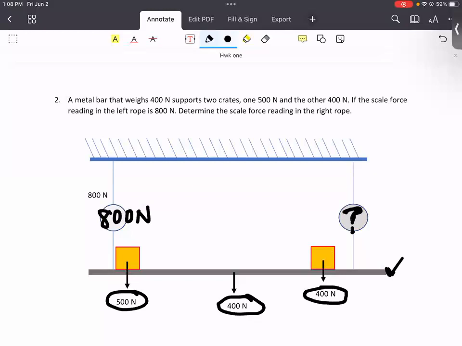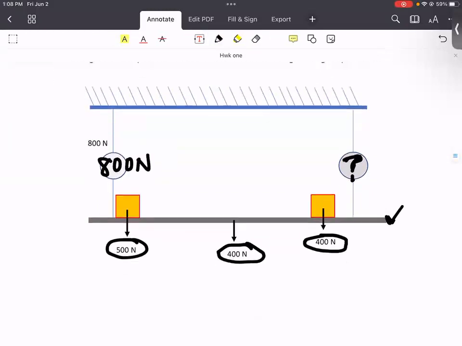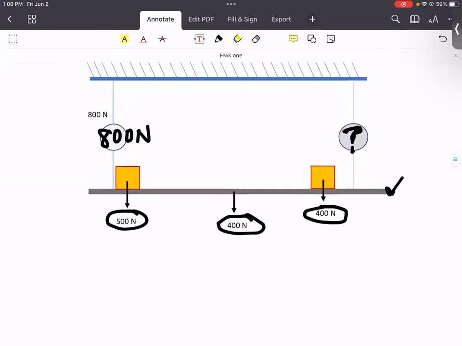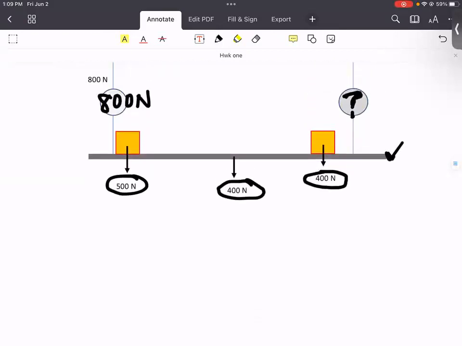This problem relates to the condition for equilibrium. As you can see, the two crates or boxes and the metal bar are at rest. In other words, they are all in equilibrium. So I can use the condition for equilibrium to find the missing force right here.